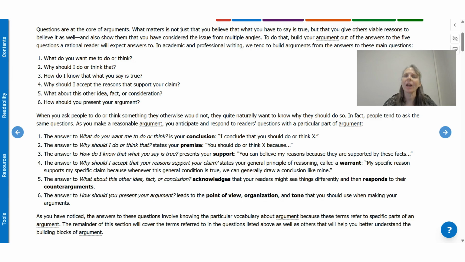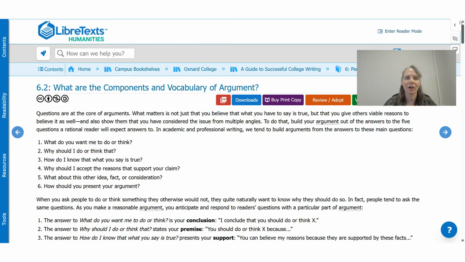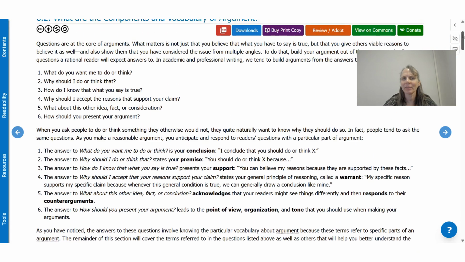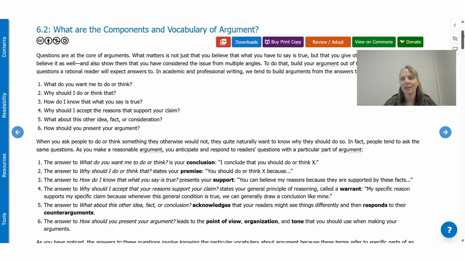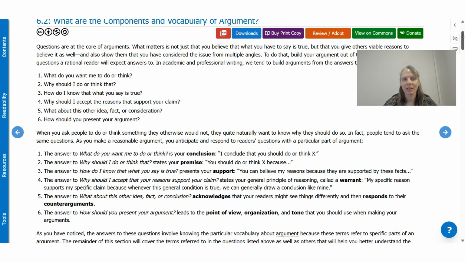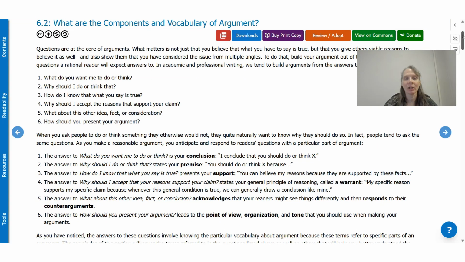I also wanted to go over something in this lesson on what the components and vocabulary of argument are, because I did not emphasize this in the journal assignment, but I think it's very important when you form your argument. So this says questions are at the core of arguments.